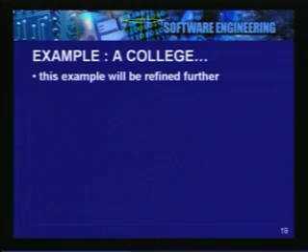Let us note some points about this example. This example we will further refine as we proceed, and we will also take many such simple examples from the university environment, because it is all familiar to all of us. So we can always prefer to take examples from the university environment.